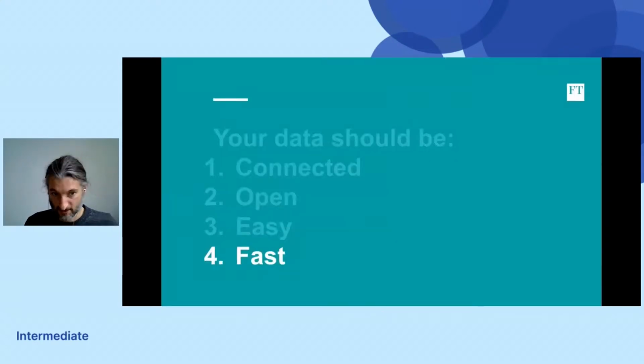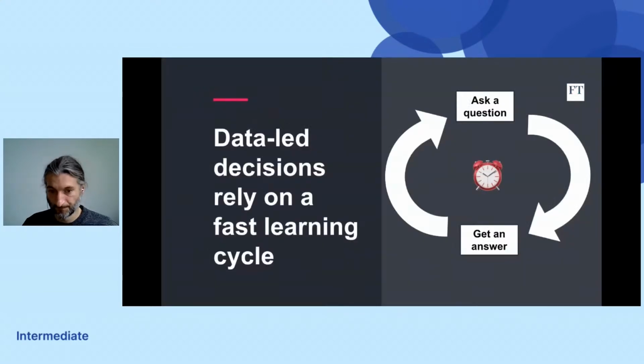Which takes me on to the next point, which is that it's important that your data is fast to interact with. Data-led decision-making is quite an important thing if you want to be a successful business. And typically this means you should have a fast learning cycle.